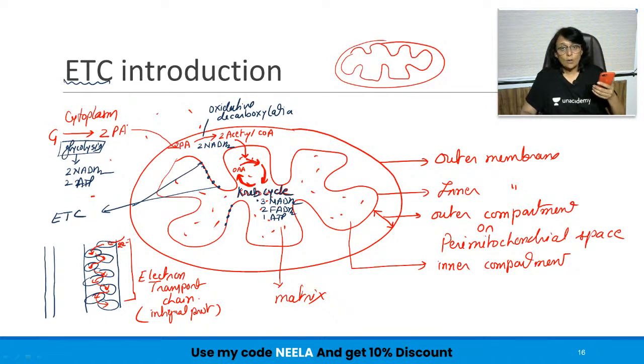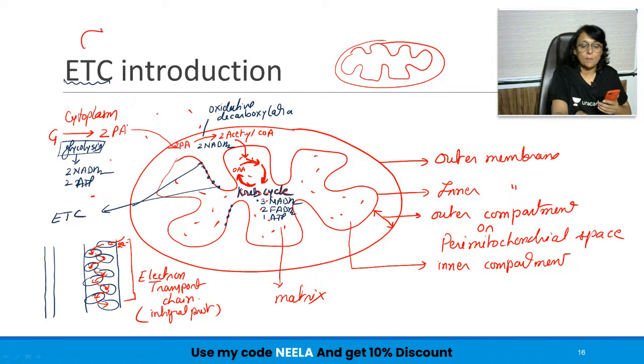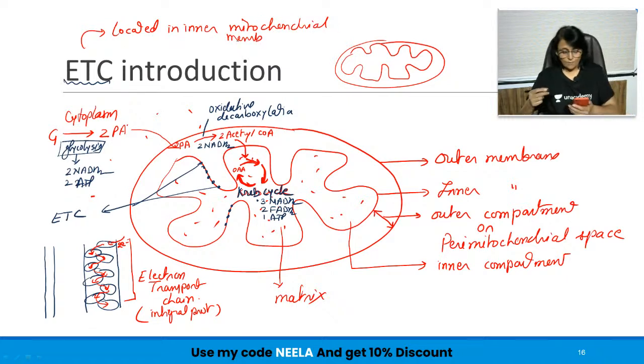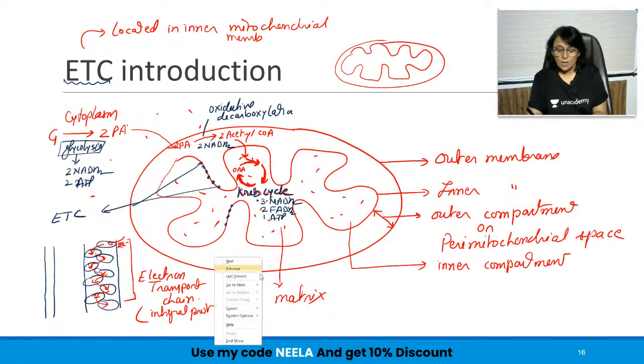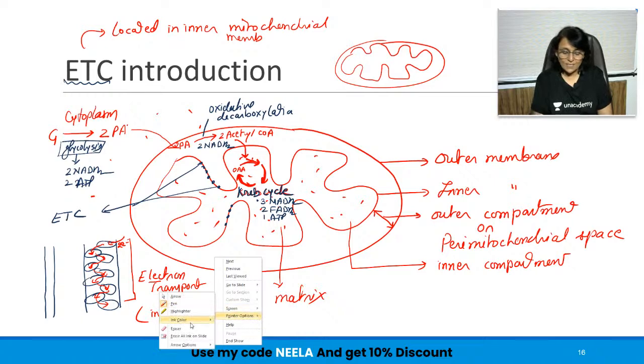The electrons are transported through a chain of proteins, and these proteins are located in the inner mitochondrial membrane. Now, as we have drawn this diagram, I am going to add one more structure, and we will talk about the last step also.